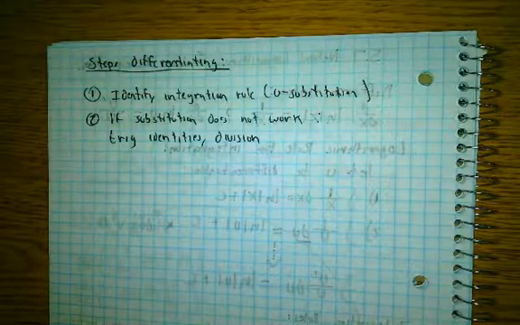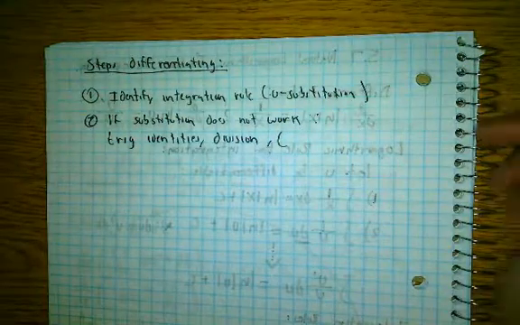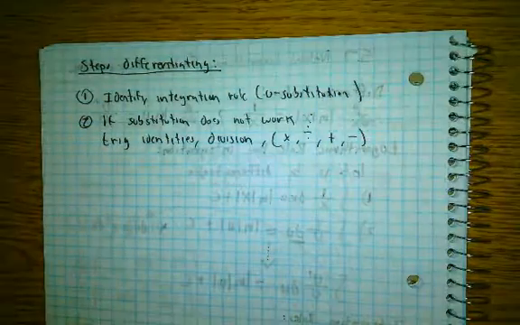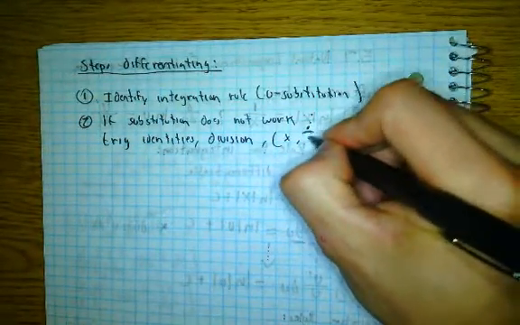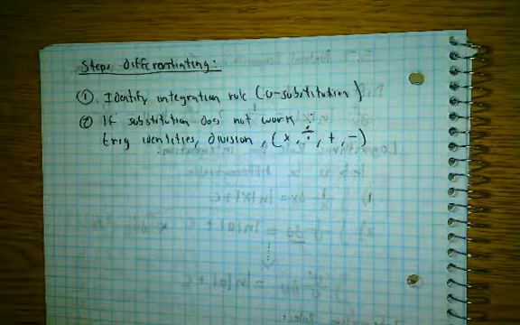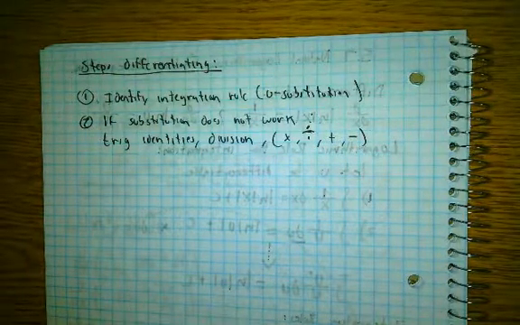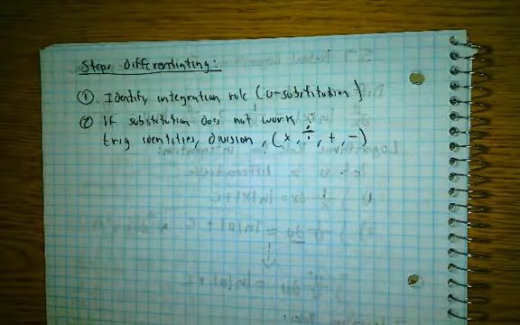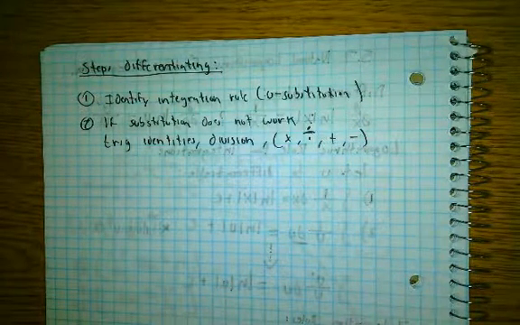And last but not least, you can use any of the operations that you know since elementary school: multiplication, division, addition, subtraction. So if substitution doesn't work, you're going to have to rely on some of those pre-calc skills that you learned. Some identities, some division, like synthetic division, long division, if possible.